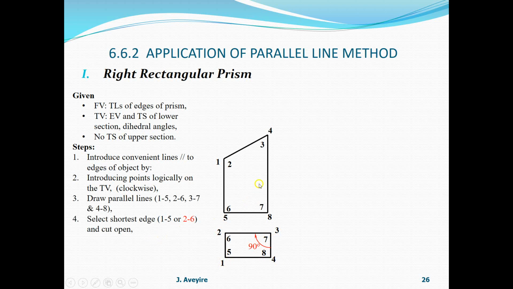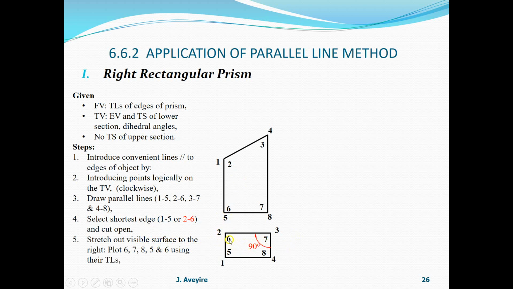Select the shortest edge. Here we now have the true length of the edges given in the front view, and from this we see lines 1-5 and 2-6 as equal, so we select 2-6 to cut open. We have to stretch. Now we cut open and open up the object.